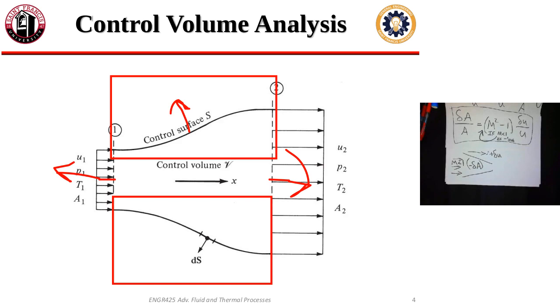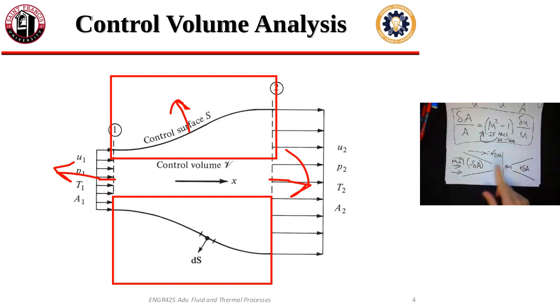Cool, that's awesome. And by corollary, if I go the other way, so Mach number is still less than 1 at the inlet, we now have a positive change in area.